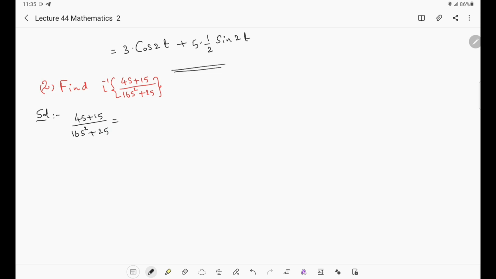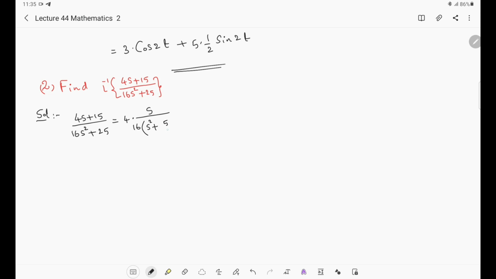Now this can be written as 4 into s by, taking 16 outside, s square plus 25 by 16 will remain.